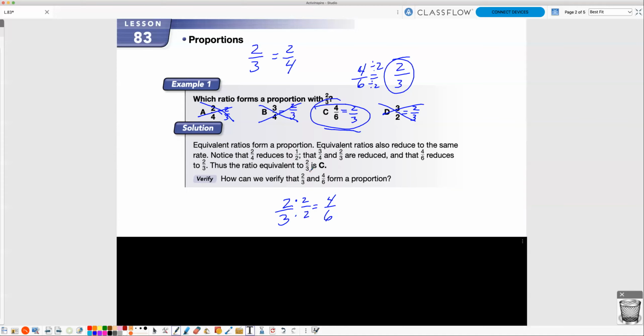So you can see that. You could also see that 2 times 6 is equal to 12, and 3 times 4 is also equal to 12. So those cross-multiplied products would have the equivalent number. So those are proportionate in that case.